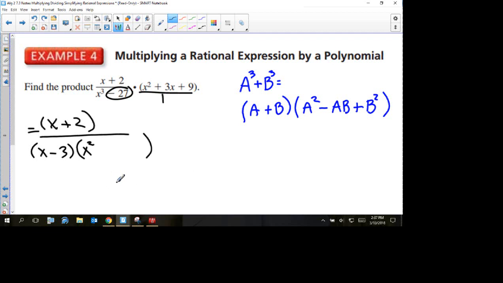The last term you square what's in the second spot, so 9. And in the middle term, you do minus the 2 multiplied together, but that gives me 9 minus negative 3x, which becomes plus 3x, because you minus negative 3x. And then another rule about this factoring is this part will never factor further.